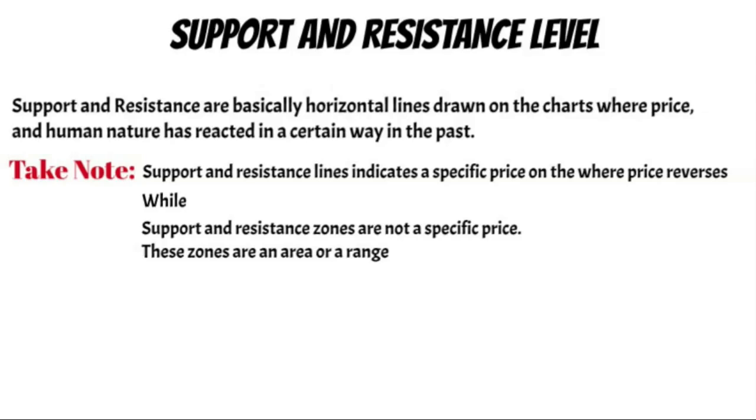Zones are spots on the chart where price has pushed and popped, then reversed. Now, naked traders wait for price to reach these zones before initiating a trade, and it is absolutely critical that the naked trader identifies these zones on the chart, because these zones are the foundation of naked trading.